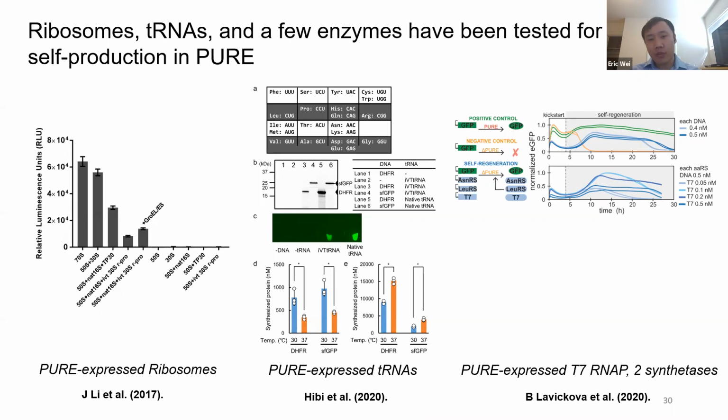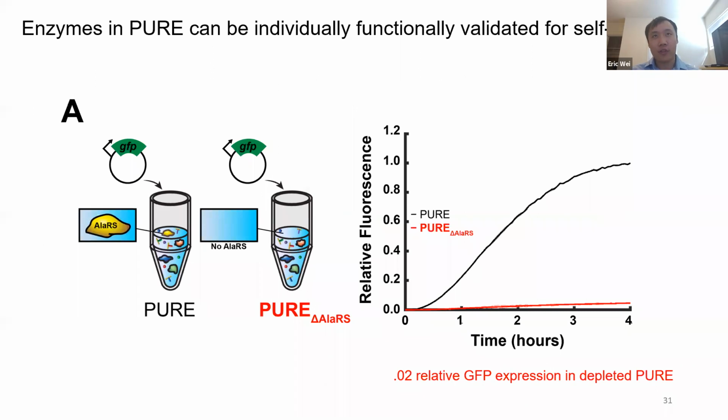Okay, so all of these use a similar strategy. So I'll be expanding on how to go about individually validating an enzyme in PURE for self-production.